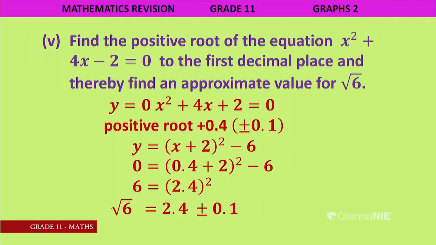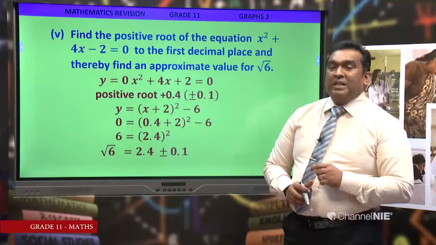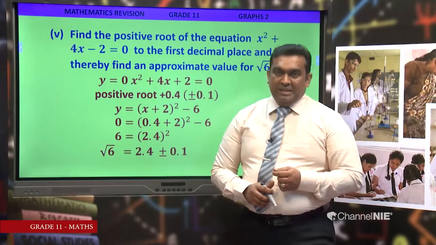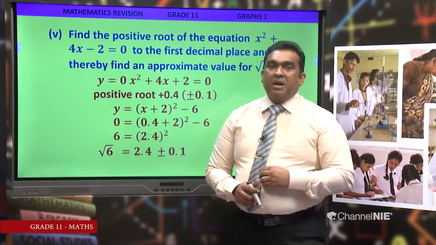Take square root on both sides. After that, root 6 is equal to 2.4. Plus or minus 0.1 means if you have 2.5 or 2.3 for root 6, you will have the total marks. That is a condition of the marking scheme.